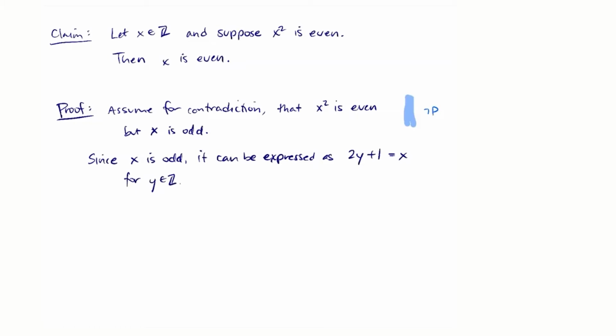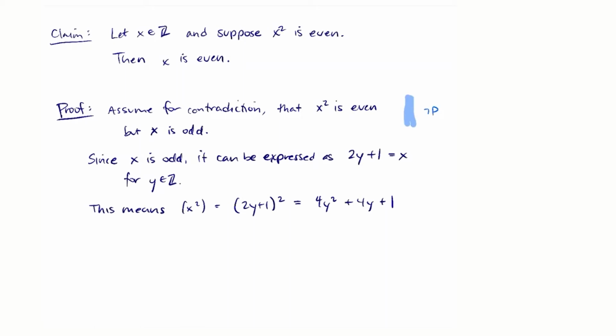Now let's see what this implies about x squared. This means that x squared is equal to (2y plus 1) squared, which is equal to 4y squared plus 4y plus 1. This is some expression, sure, but what do you notice about it?